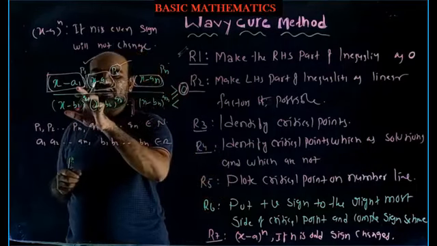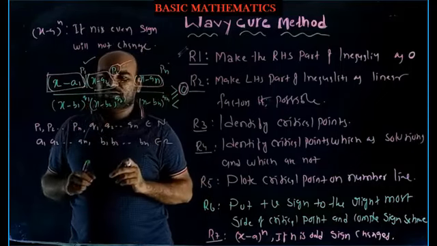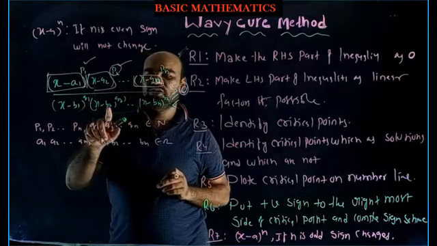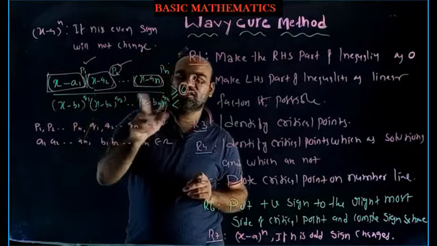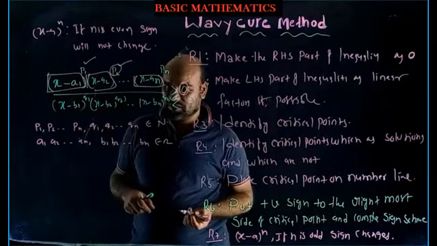See, a1 is one critical point, a2 is another critical point, and so on, an is also a critical point; b1 is one critical point, b2, b3 are critical points, and so on. You should identify the critical points.